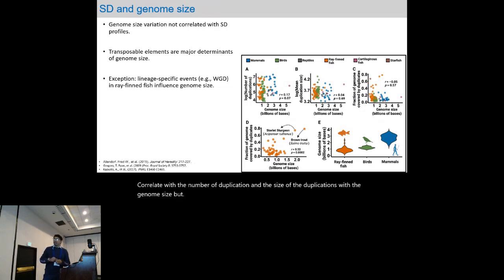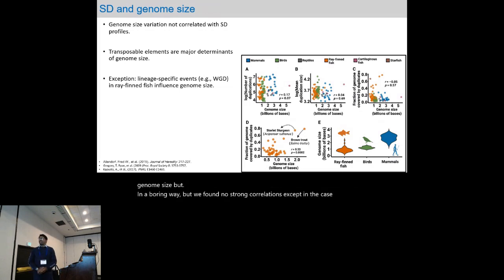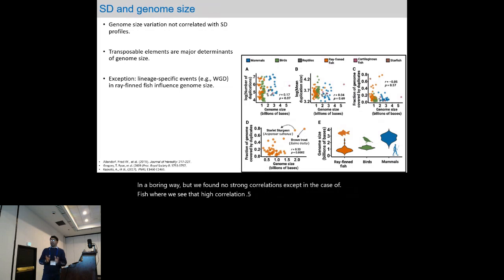We found no strong correlations, except in the case of fish, where we see a high correlation of 0.53 with the genome size, but that comes from particular species, sterlet, sturgeon, and brown trout, that went through multiple rounds of whole genome duplications, which describes their large genome size.